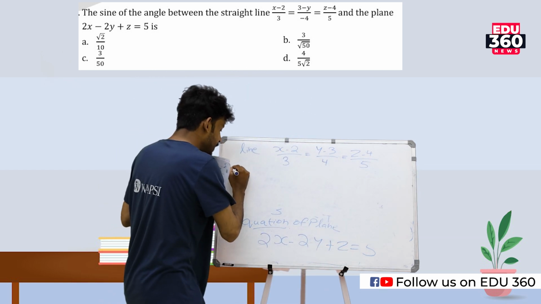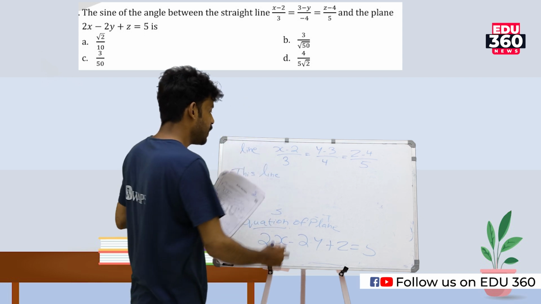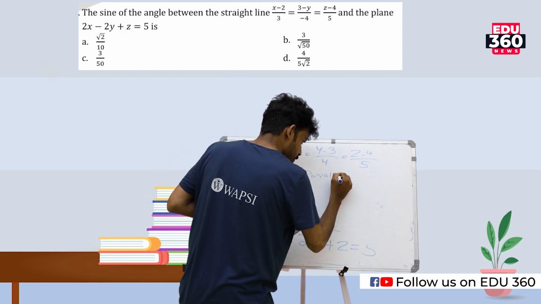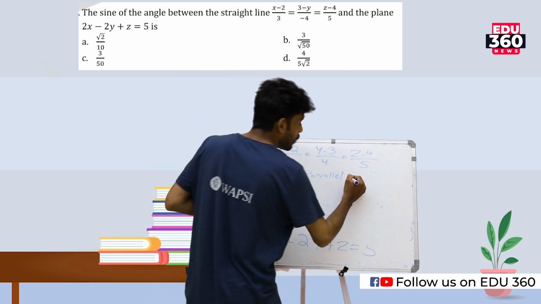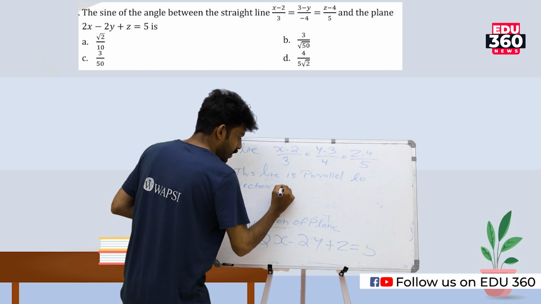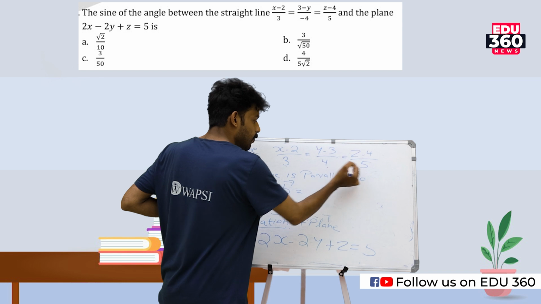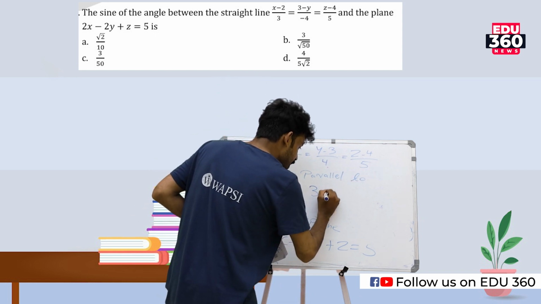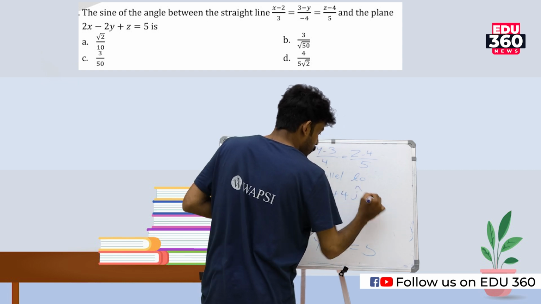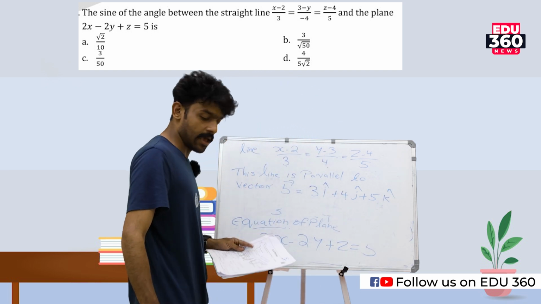Hereafter we can write that this line is parallel to vector b. That is the b vector, from 3, 4, 5, we can write it as 3i cap plus 4j cap plus 5k cap.